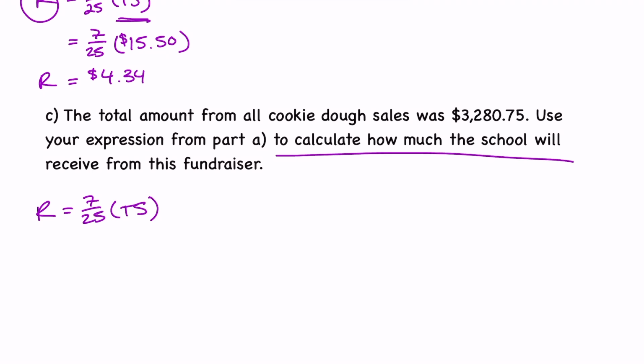We're still calculating how much the school will receive, so we're still solving for R. The only thing that has changed is our total sales. Instead of $15.50 for selling one tub, we're saying we sold multiple tubs, so our total sales is much bigger. So now all we have to do is plug in our total sales and solve for how much the school is receiving.